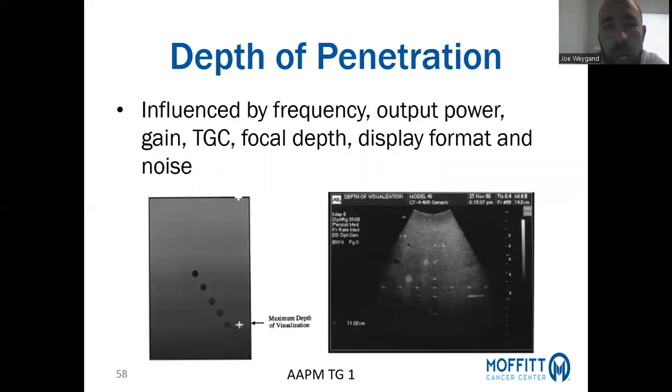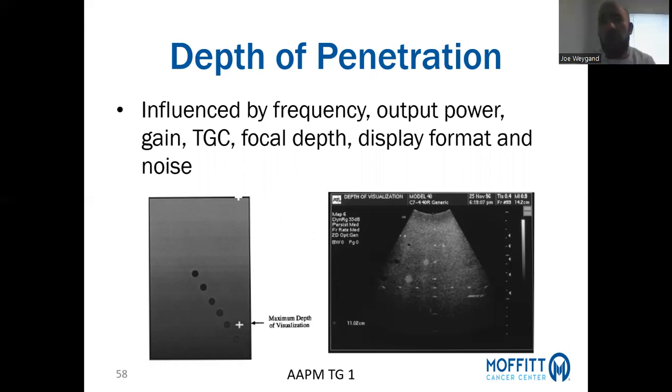Another test that is quite important is that of depth of penetration. This is a surrogate for sensitivity in an ultrasound system. It's primarily influenced by the frequency, but also by the output power, the gain, time gain compensation, focal depth, the display format, and the noise. Basically, you try to assess how deep into the phantom the ultrasound system still produces a reasonable image.